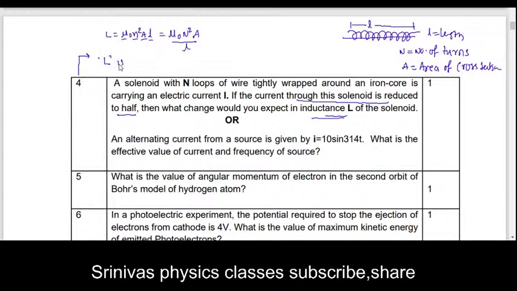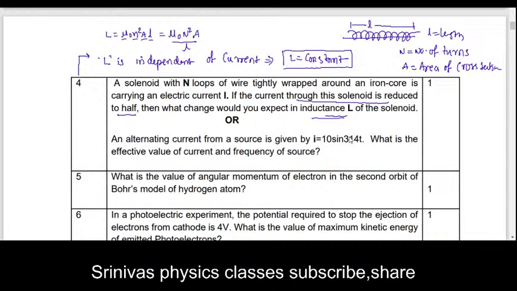L is independent of current means L does not change. What change would you expect in inductance? No change. Inductance will remain constant because it is independent of current, right? Okay, let us go for the next question.